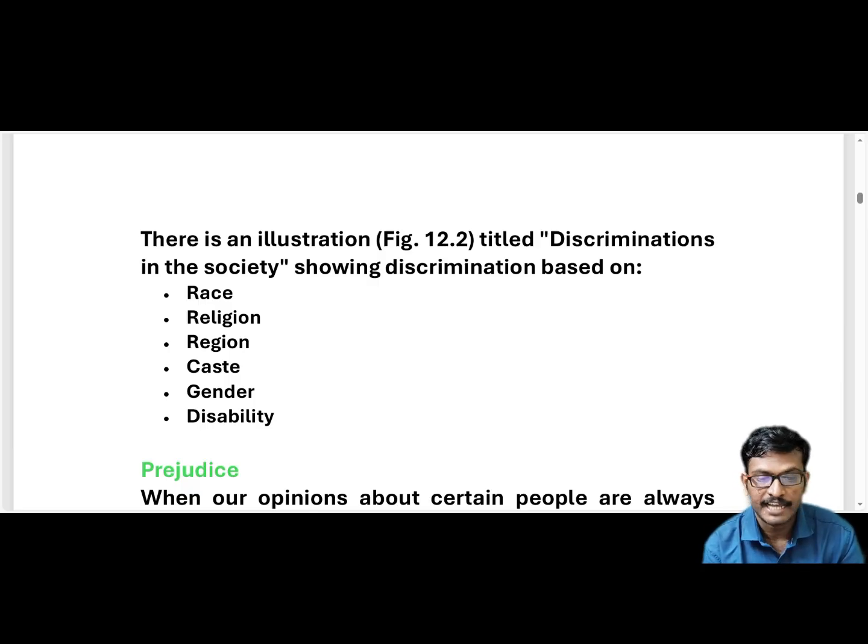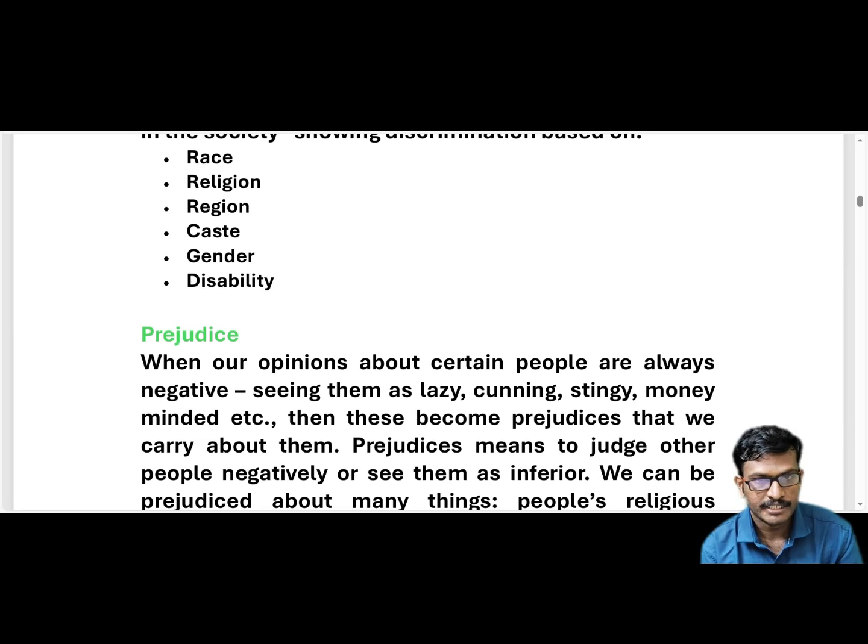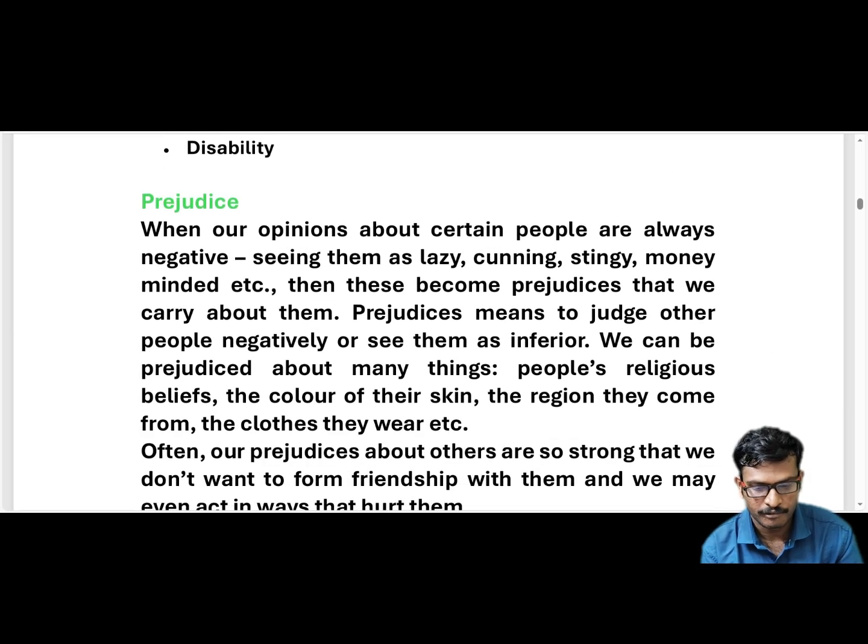Prejudice means to judge other people negatively or see them as inferior, not superior, as subordinate, as low compared to us. We give a judgment toward one person based on that opinion.